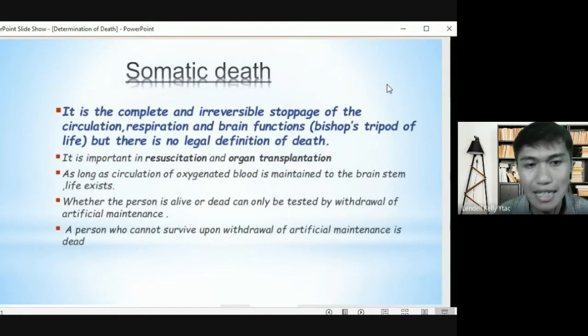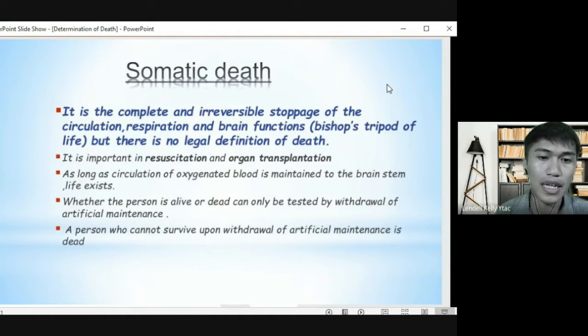Somatic death is a complete and irreversible stoppage of circulation, respiration, and brain functions. So we have Bishop's tripod of life, but there is no legal definition of death. It is important in resuscitation and organ transplant.